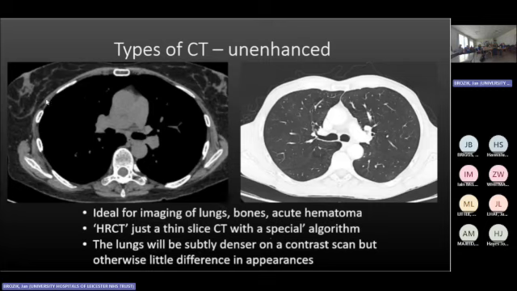So this is a CT of the chest in mediastinal window. We see larger vessels in the lungs, but we can't see the structure of the lungs. So we can distinguish ascending aorta, pulmonary artery, and descending aorta.